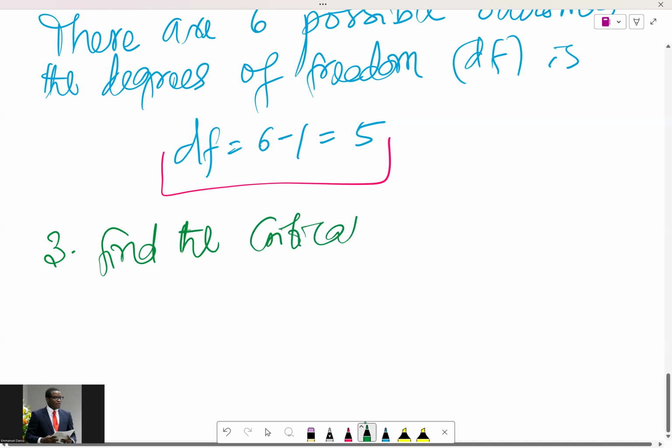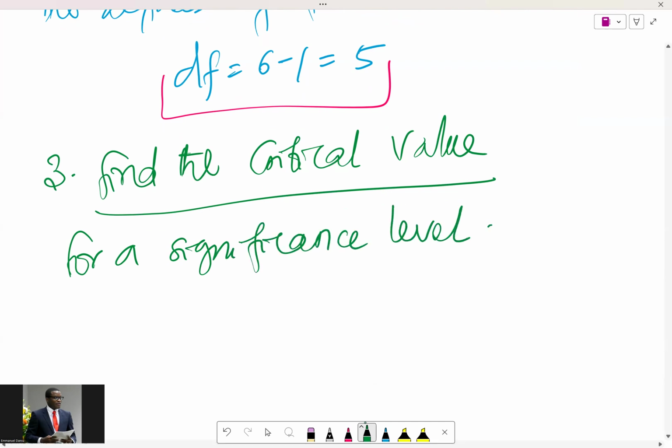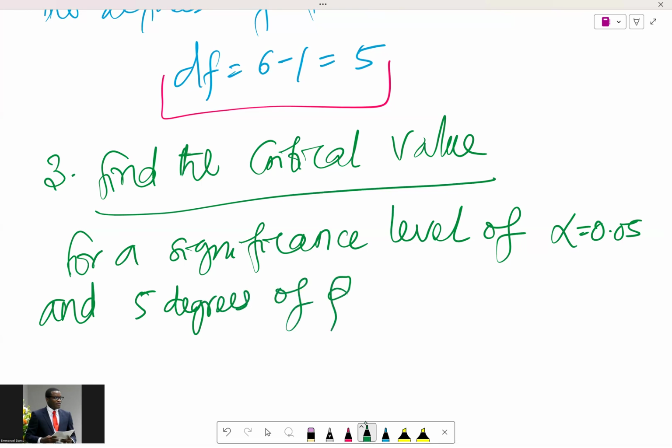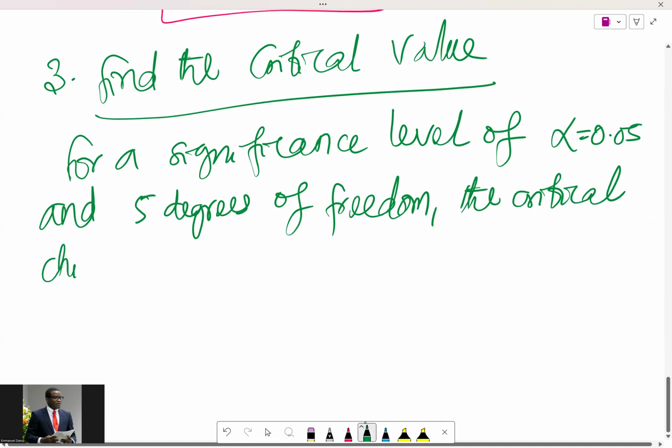For a significance level of alpha equals 0.05 and 5 degrees of freedom, the critical chi-squared value is 11.07.